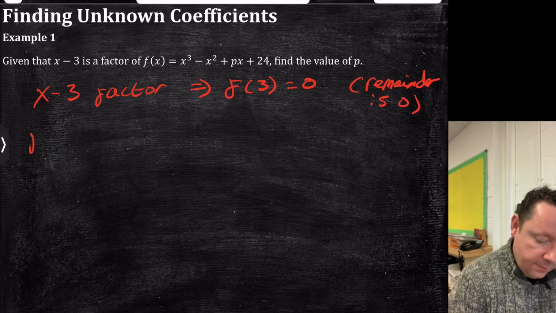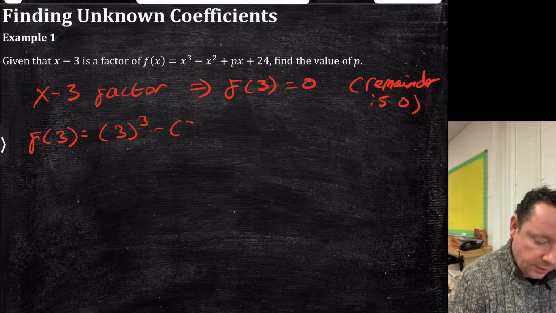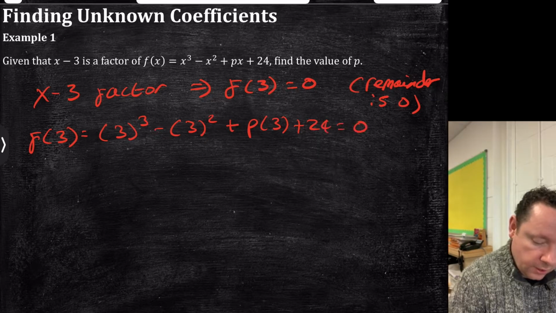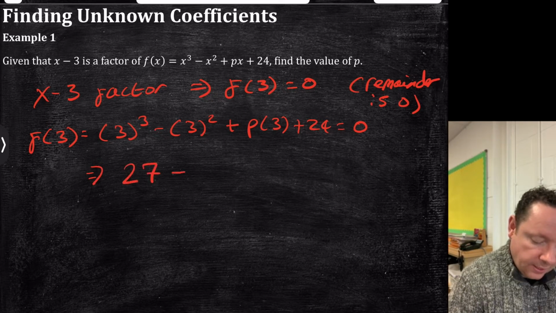So we can just sub in 3 and then make it equal to 0. So f of 3 is equal to 3 cubed minus 3 squared plus p times 3 plus 24, and that equals 0. 3 3s is 9 times 3 is 27, minus 9 plus 3p plus 24 equals 0.